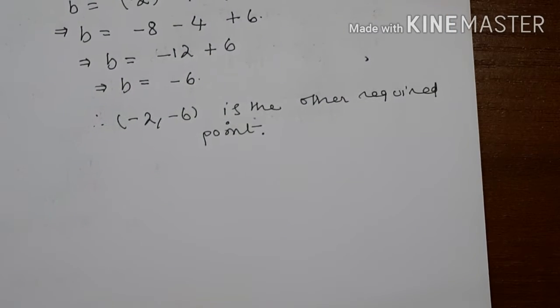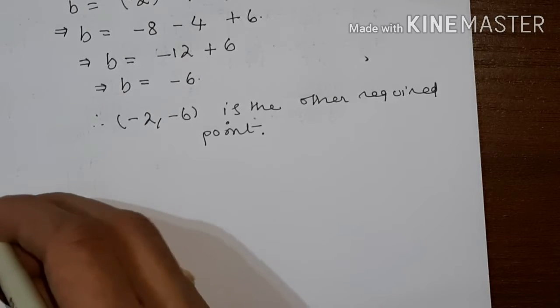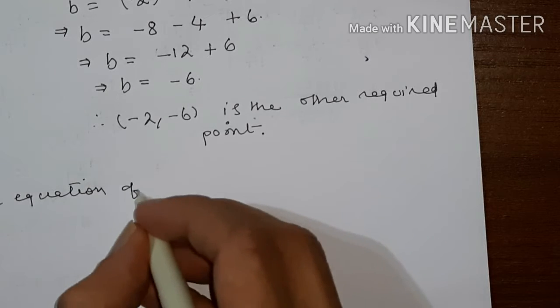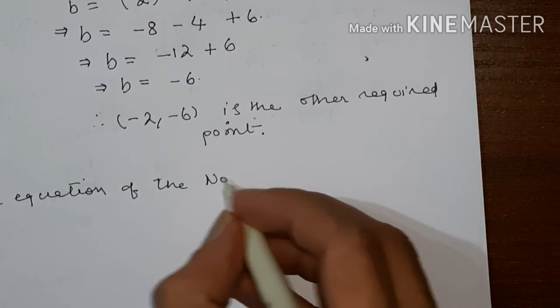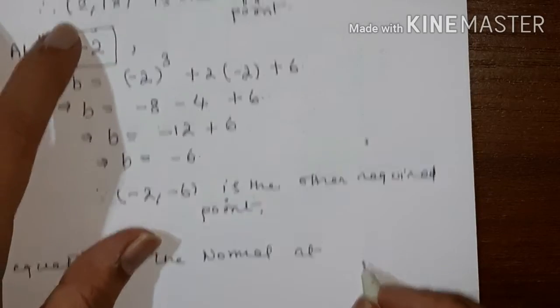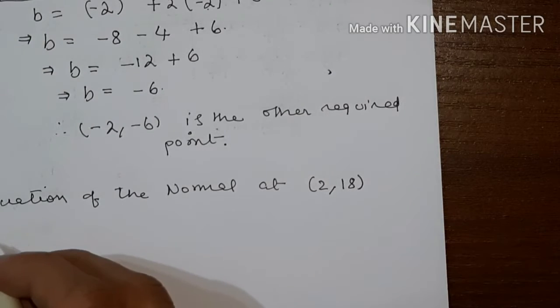Right? So now we can find the equation of the normals. So first, the equation of the normal at which point? This (2, 18), right.